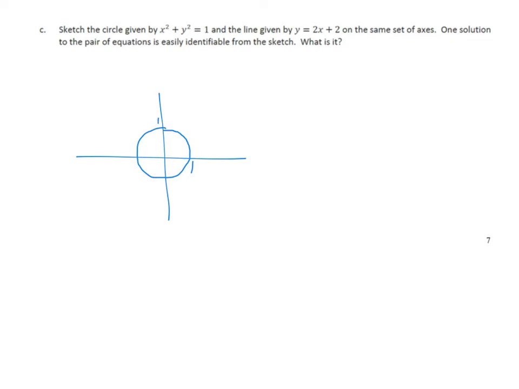And our line tells us to start at 2, with the slope being up 2 over 1, or in this case we're going to go the other way and go down 2 over 1, down 2 over 1, and down 2 over 1. So we sketch a graph of our line.